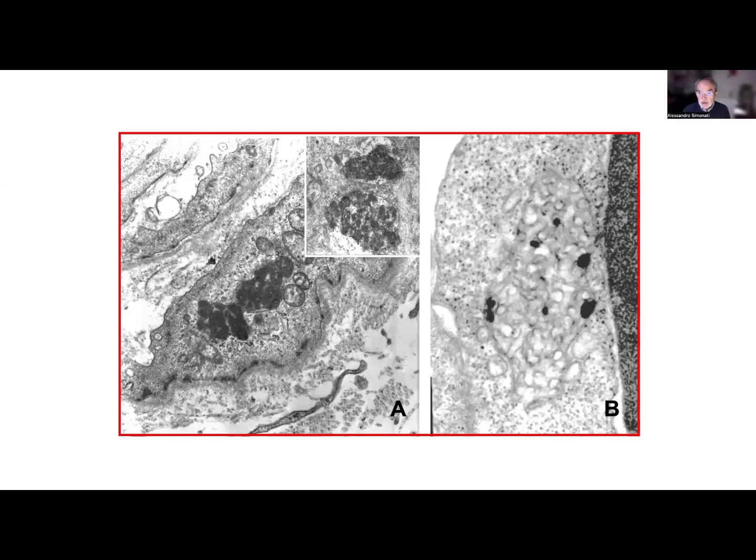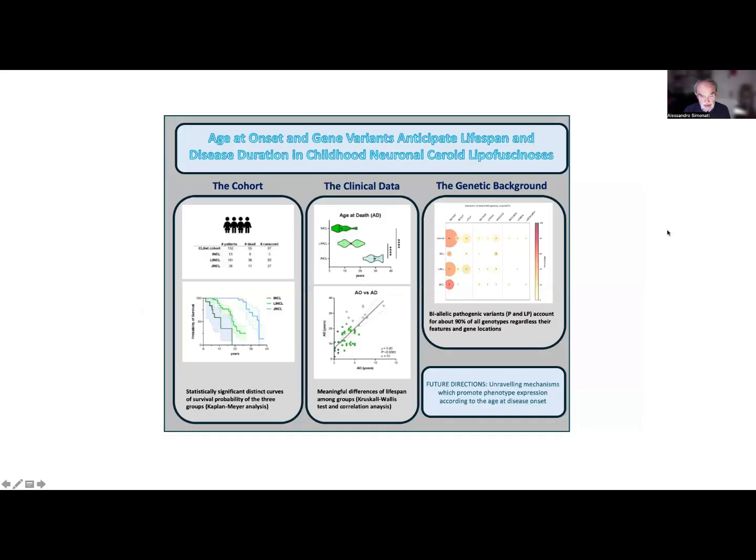A cohort of 152 children selected from the database of the Italian network of NCL was grouped by the age at onset, infantile, late infantile, and juvenile forms, and subdivided according to the associated mutated genes.